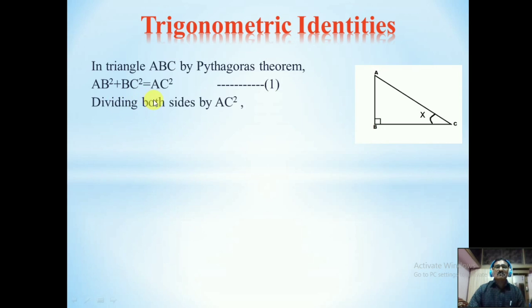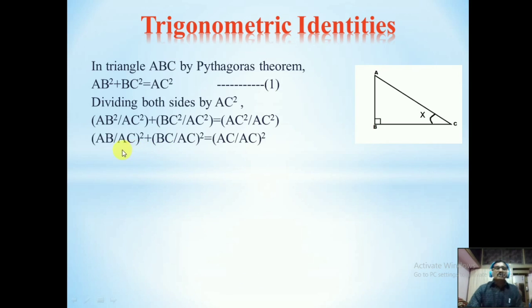Dividing equation 1 both sides by AC square, we get AB square upon AC square plus BC square upon AC square is equal to AC square upon AC square. Then we get (AB upon AC) square plus (BC upon AC) square is equal to (AC upon AC) square.